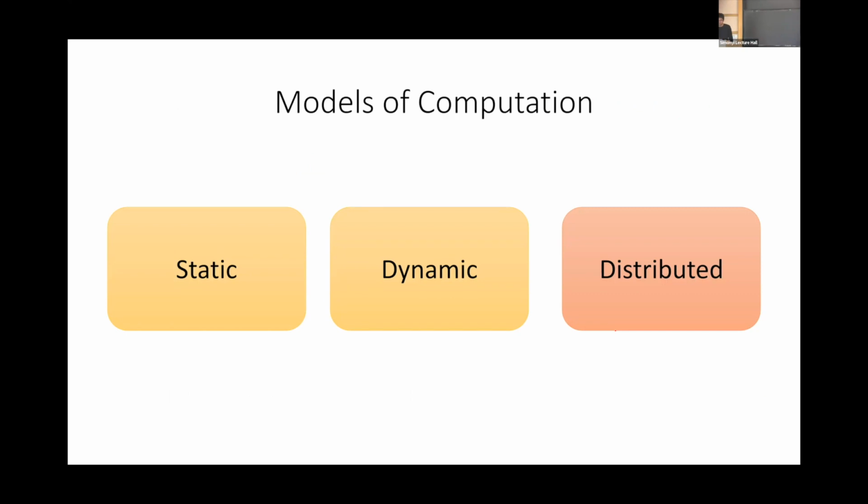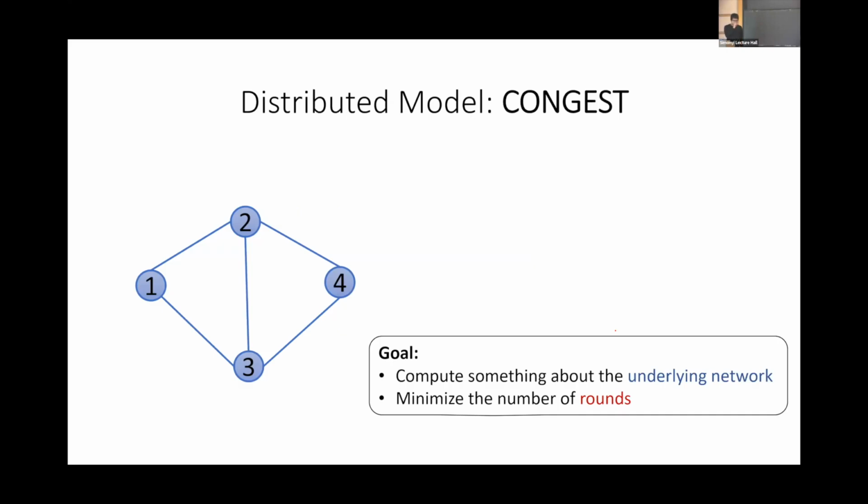And the last thing is the distributed model. Let me just tell you briefly about this model. In this model, you have a graph, but you imagine this graph is a large network of computers.